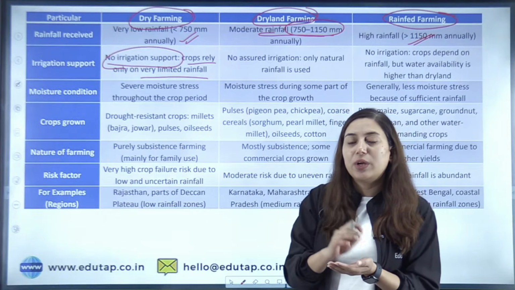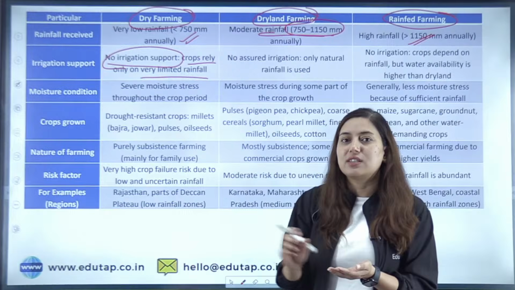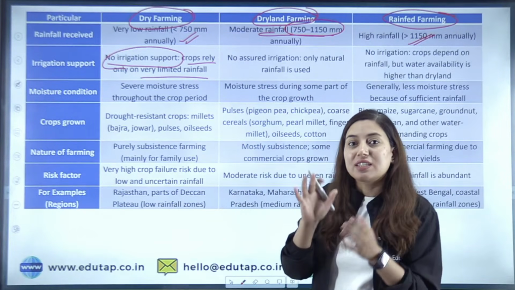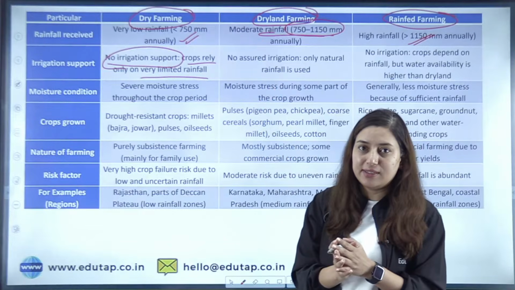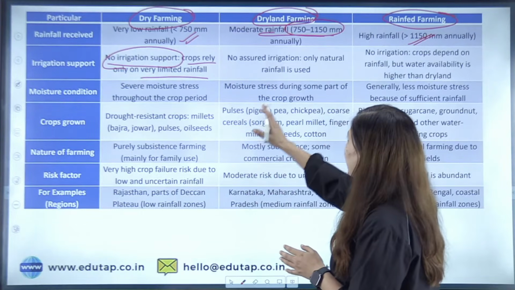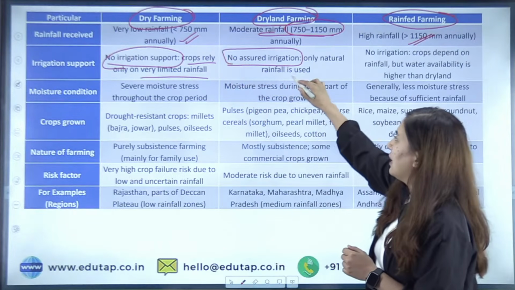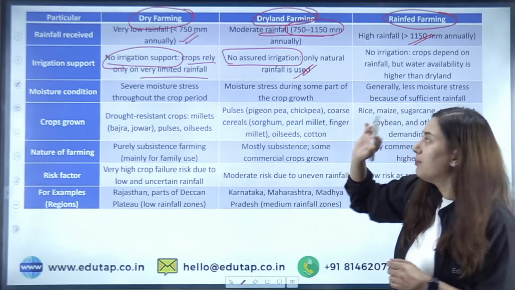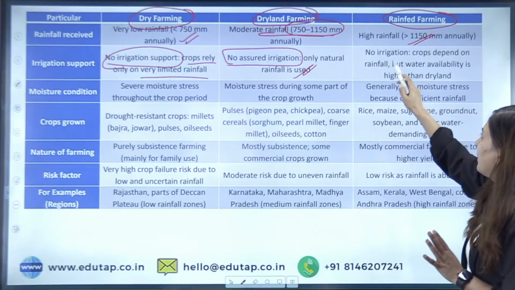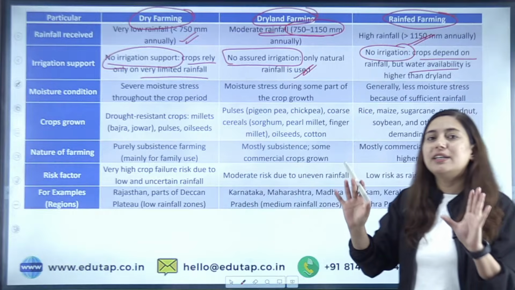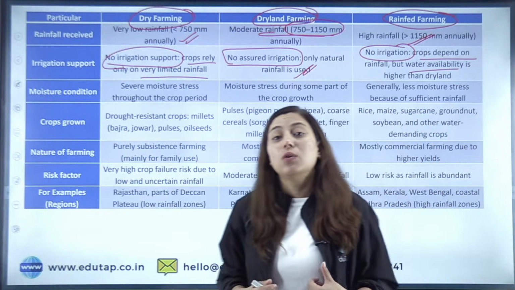Basically, in regions where there are no water resources, there is no irrigation support, and rainfall is also very limited. Such a region is a dry farming region, right? If I talk about irrigation support in dryland farming, again there is no assured irrigation. It is only dependent on rainfall.